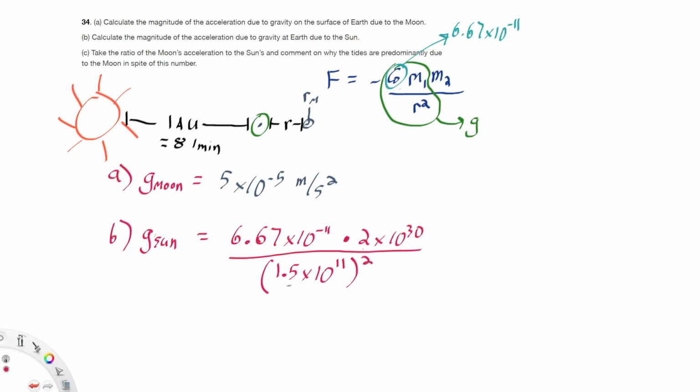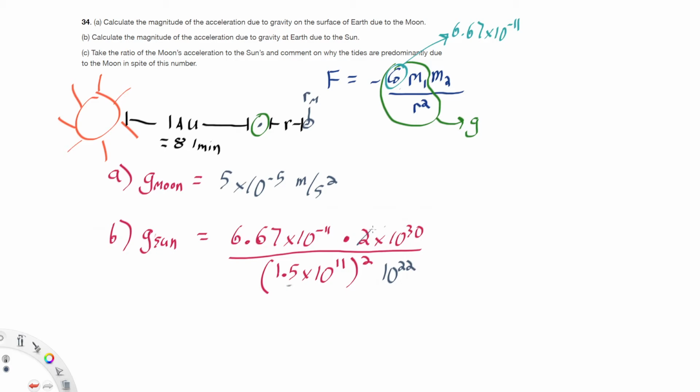All right. So we're going to play some of the same games here. 1.5 is approximately 1.4, and 1.4 squared is 2. So this is going to be like 2 times 10 to the 22 in the denominator, and we can actually cancel that with that 2 up there.